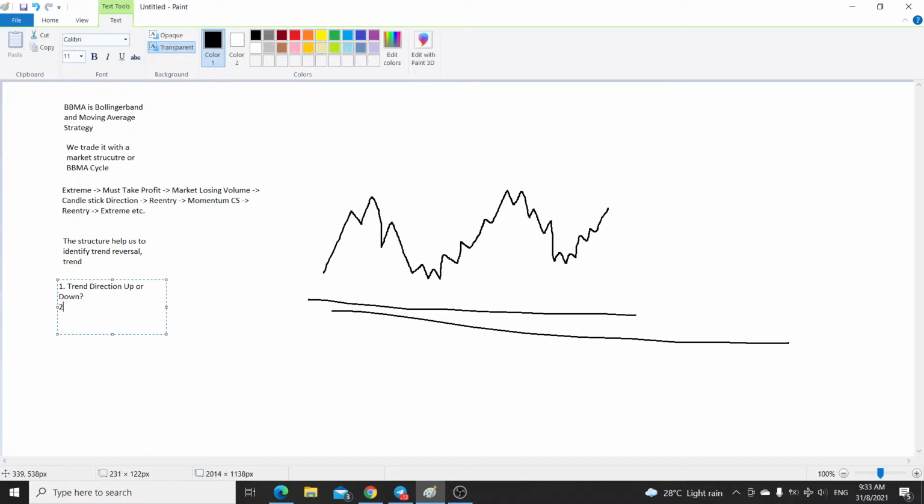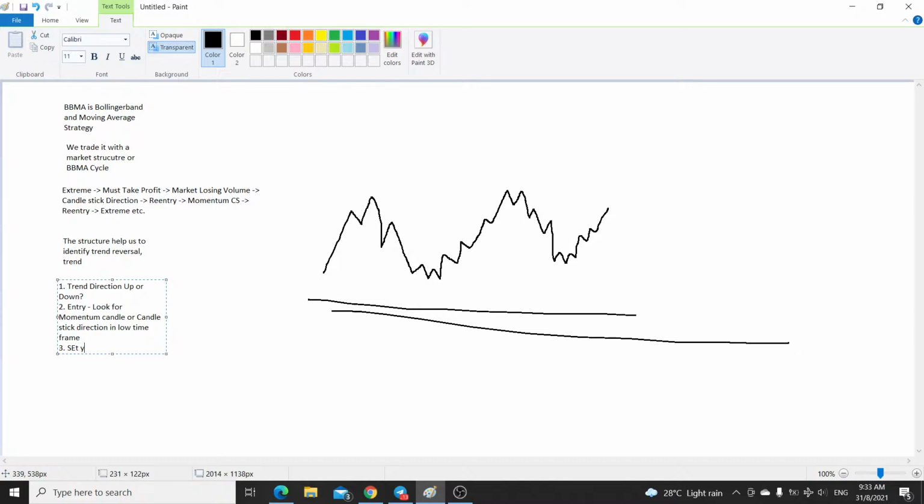Then after that, we look for our entry. So entry is your extreme, your MHB, then is your market. I will just take it as, I think the best way is to look for momentum candle in low time frame or candlestick direction in low time frame.